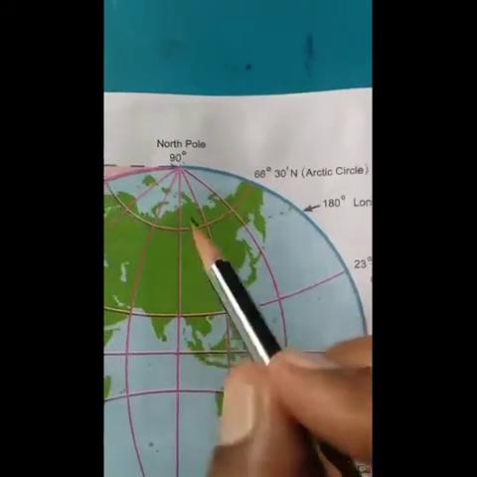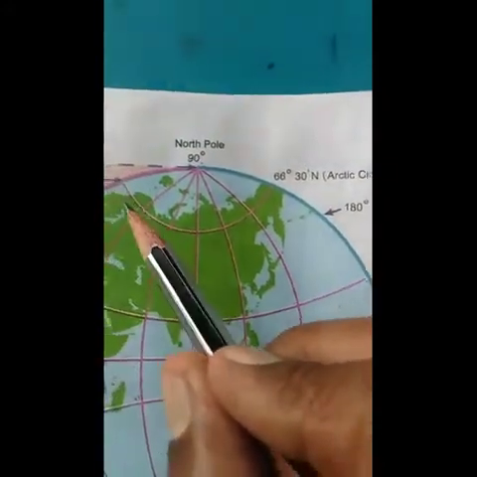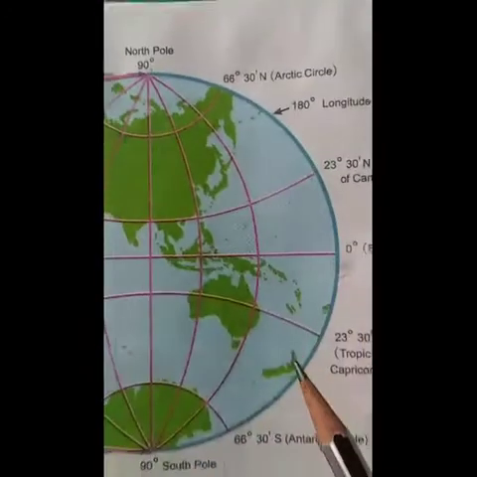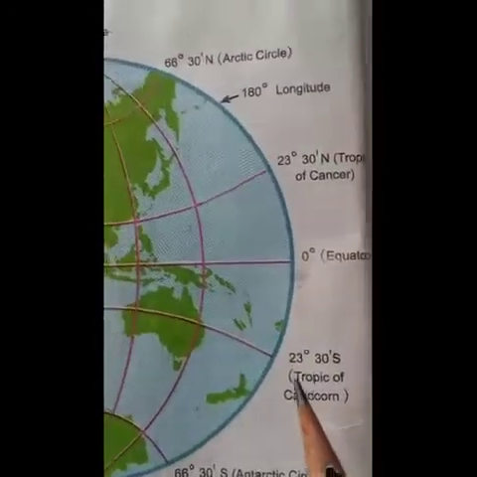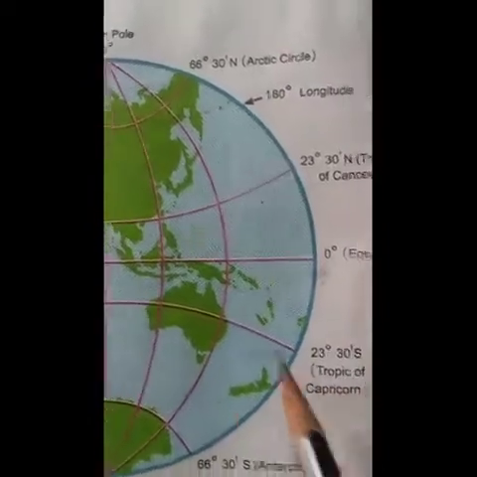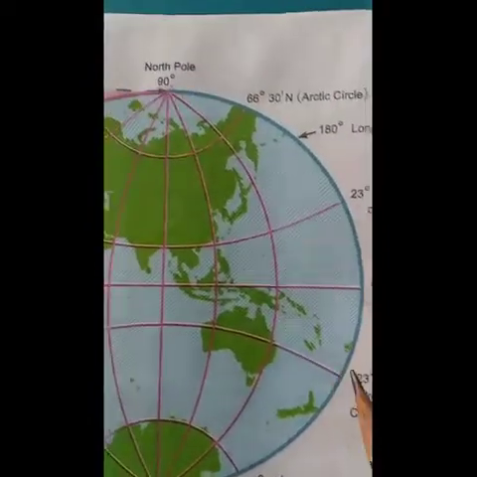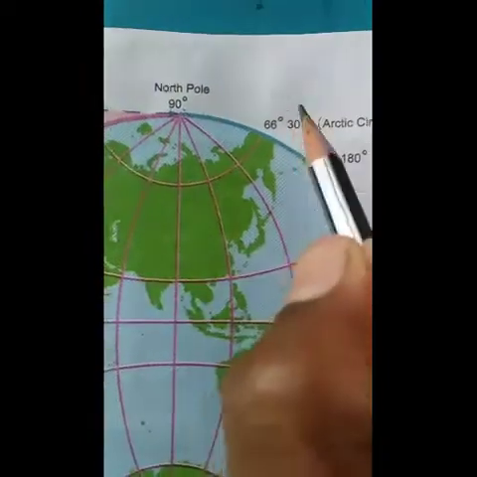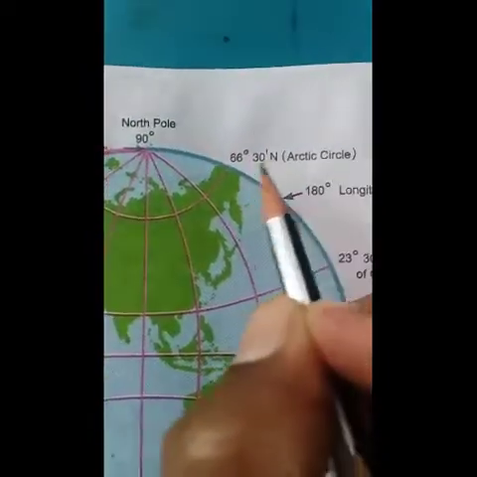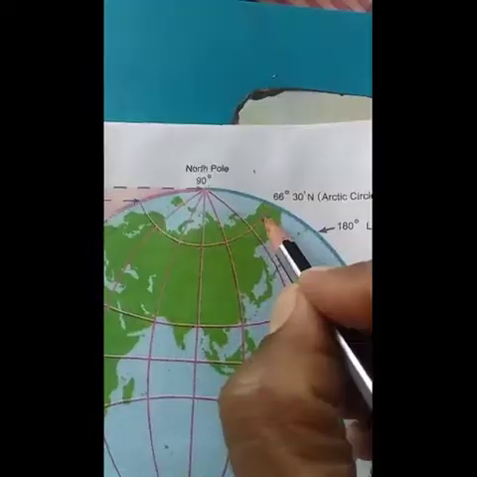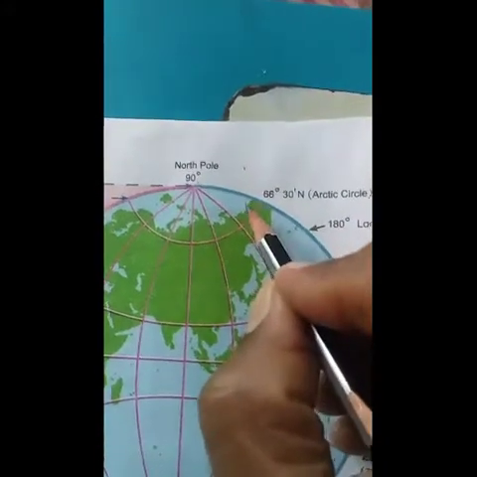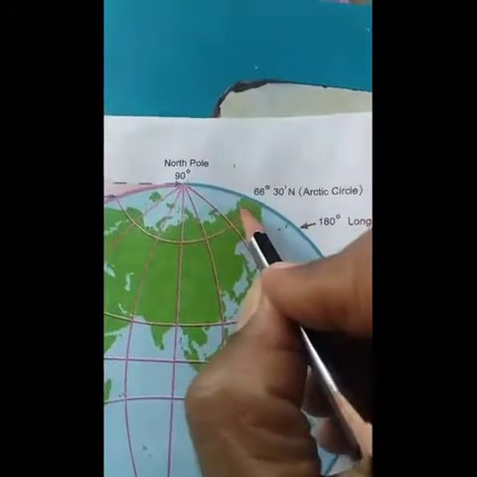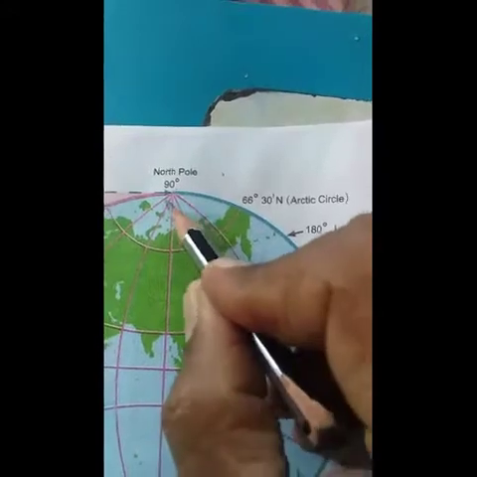And the sun does not rise on the winter solstice, when the sun is exactly overhead at the Tropic of Capricorn on 21st December. The sun does not rise at the Arctic Circle. On this day, the sun is below the horizon for 24 continuous hours.